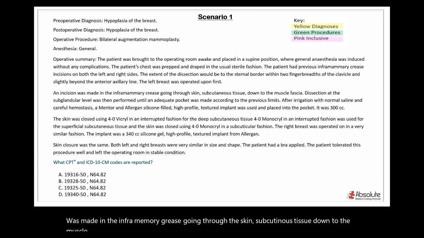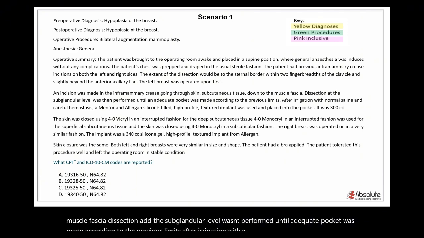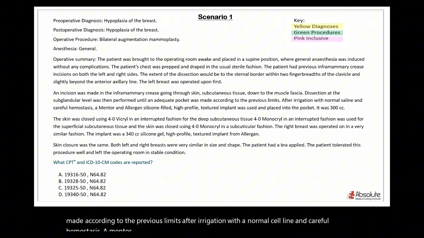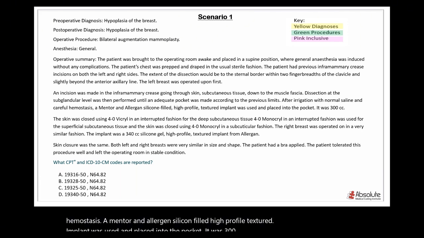Dissection at the subglandular level was performed until adequate pocket was made according to the previous limits. After irrigation with normal saline and careful hemostasis, a Mentor and Allergan silicone filled high profile textured implant was used and placed into the pocket. It was 300 cc. The skin was closed using 4-0 Vicryl in the interrupted fashion.